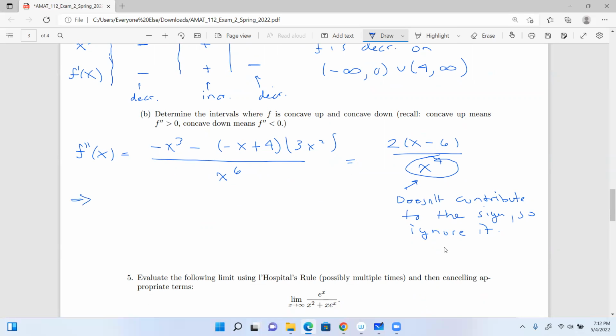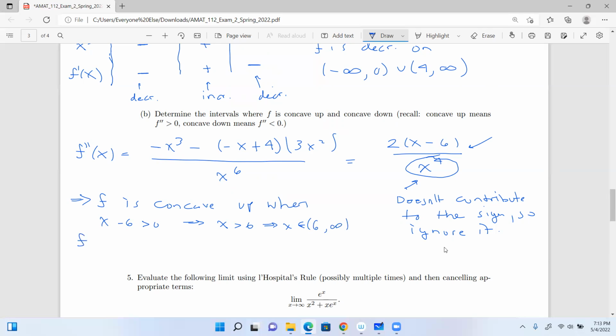So from this decomposition right here, we can see that f is concave up when x minus 6 is positive, which is to say that x is greater than 6, which is to say that x is inside the interval 6 to infinity.